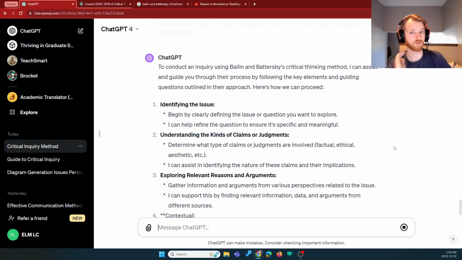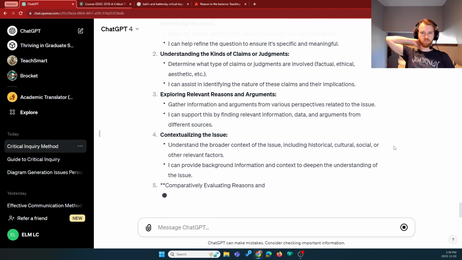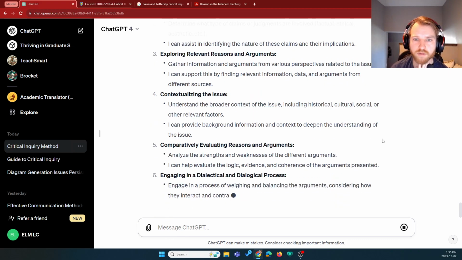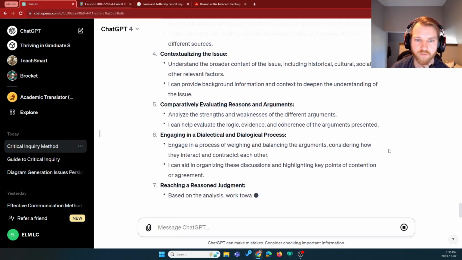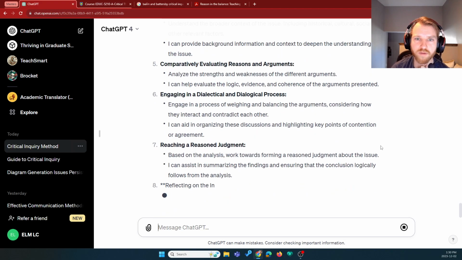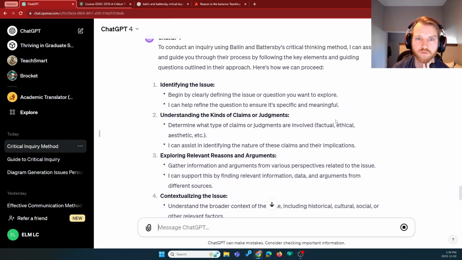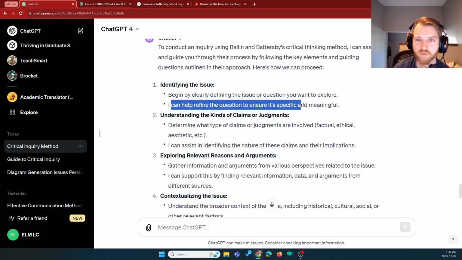Oh, this is great. It's giving me the different steps, or different parts, of their method, and it's giving specific ways that it can help with each one. So, identifying the issue: begin by defining the question you want to explore, and I can help refine the question to ensure it's specific and meaningful.